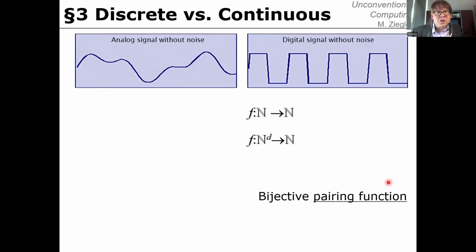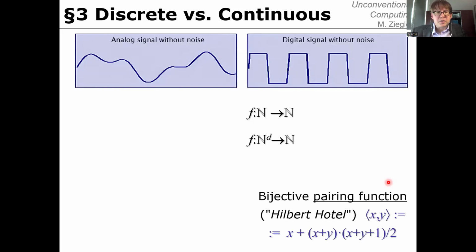Back and forth, so we can encode two natural numbers into one natural number, and we can then recover from this code the original two natural numbers, and this is called a pairing function. You may have heard of it.